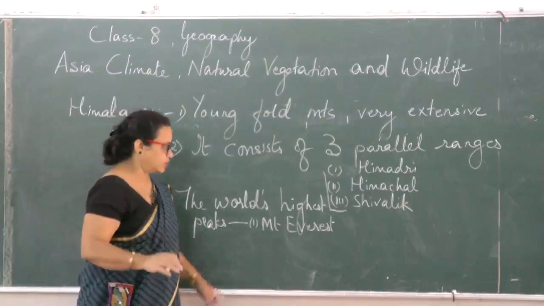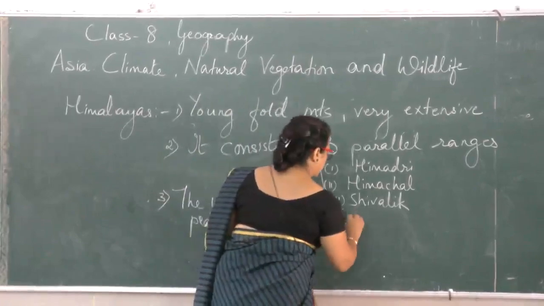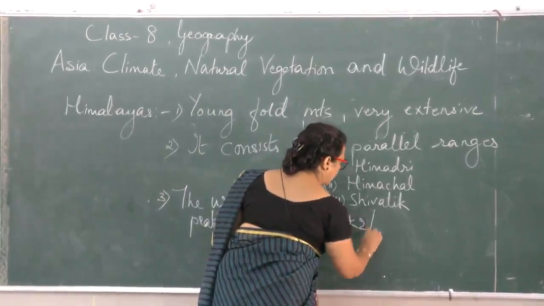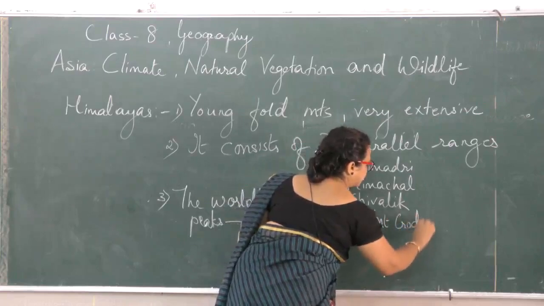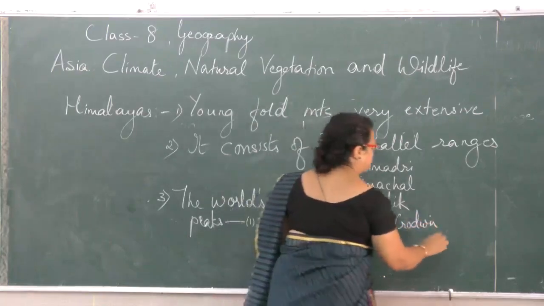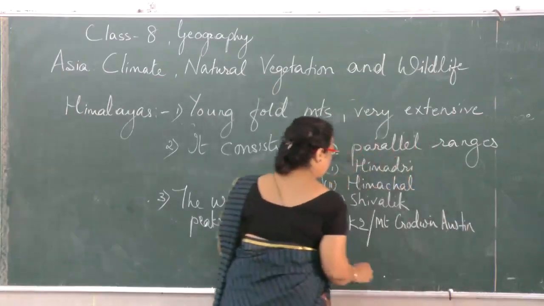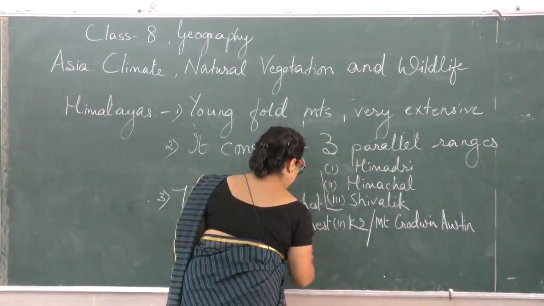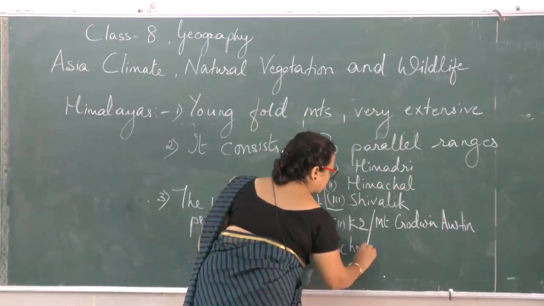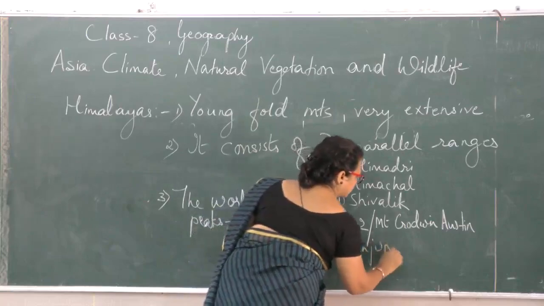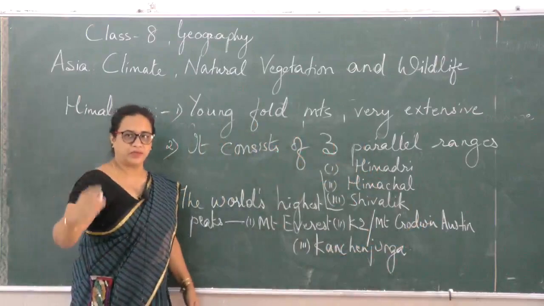They are very important. Mount Everest, second one is K2 it is known as, or Mount Godwin-Austen. And the third one, Kanchenjunga. Three names, learn them in order.